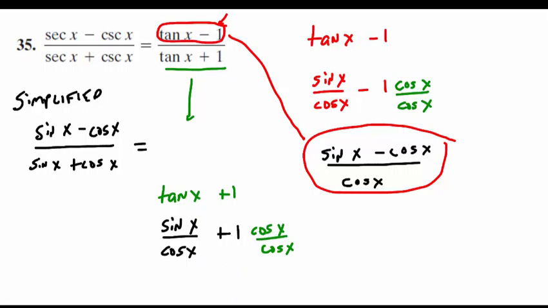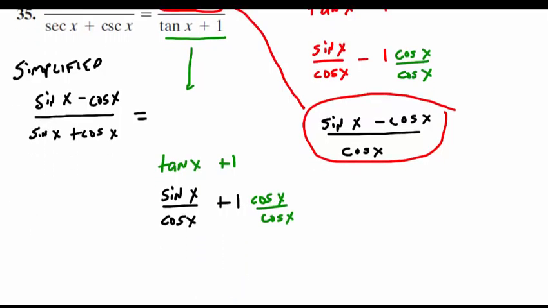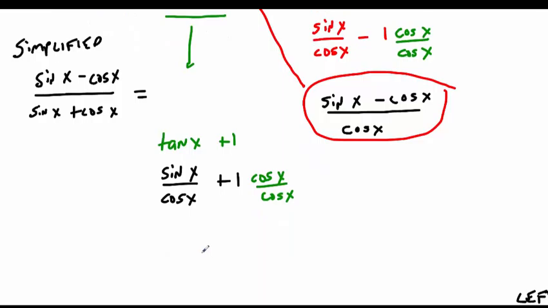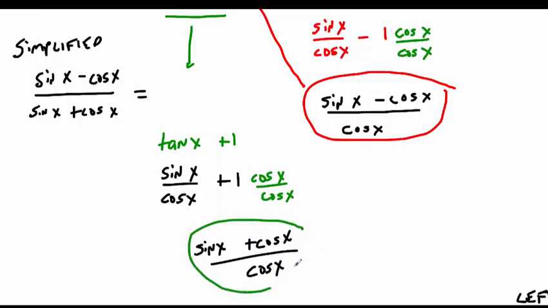Now that they have a common denominator, I can add these together. So this is going to become sine of x plus cosine of x all over cosine of x. So if that is our bottom and this is our top, I'm taking that and dividing by sine of x plus cosine of x divided by cosine of x.